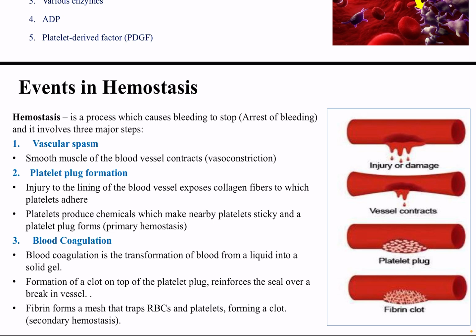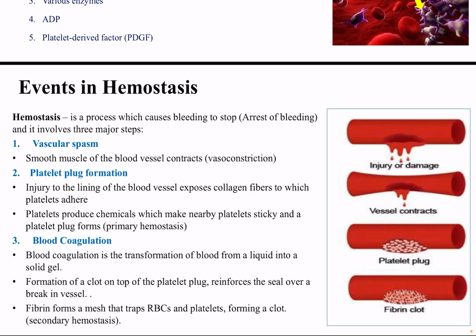A block of platelets aggregates at the site of injury so as to act as a mechanical protector against dribbling or blood loss. And this we call primary hemostasis. So if they ask you what primary hemostasis is, it is quite clear here: an aggregation of platelets, or formation of a platelet block. That means we have secondary hemostasis, which is formation of a clot.